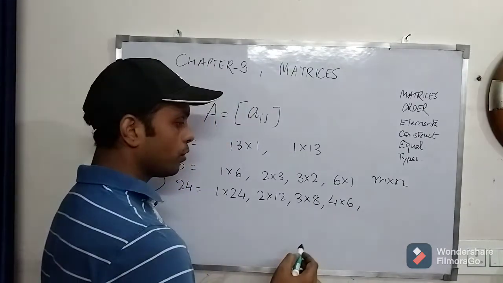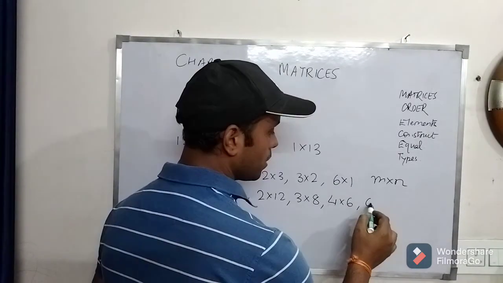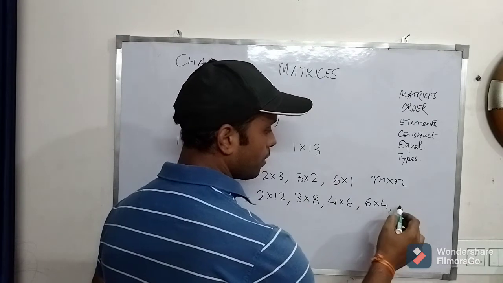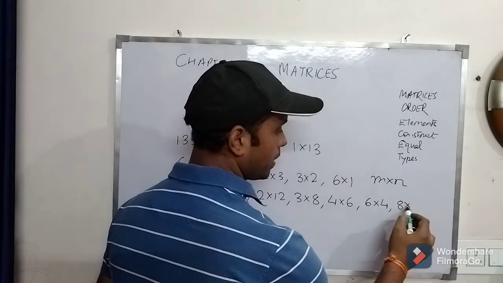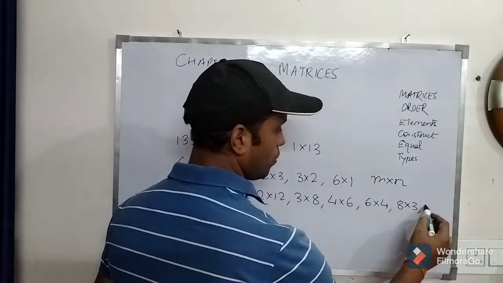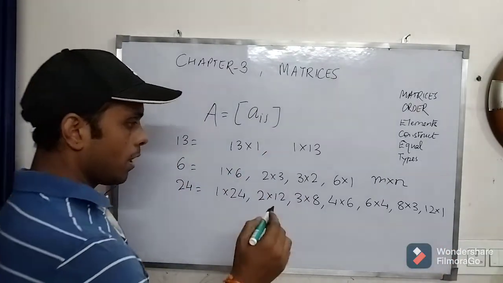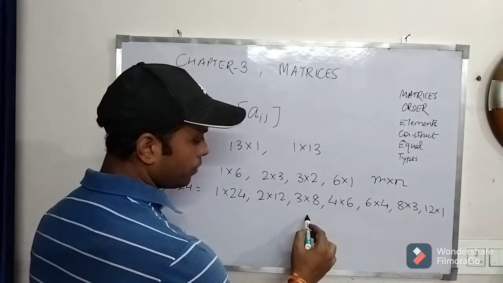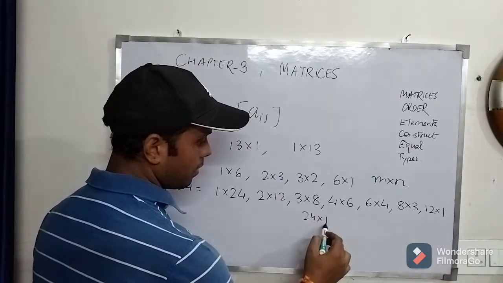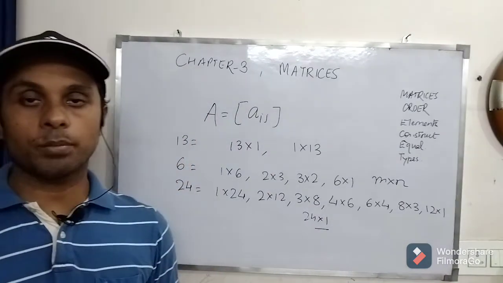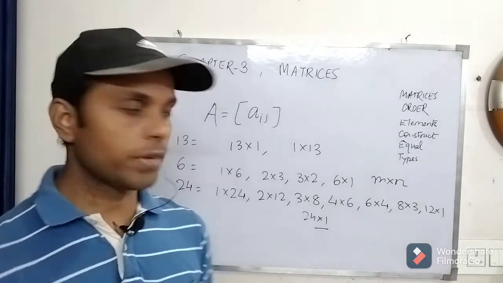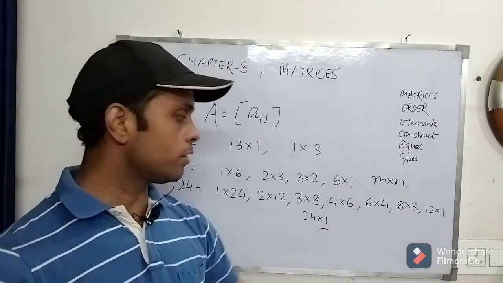There is no 24 in the table of 5. So 6 by 4, 8 by 3, 12 by 2, and after that 24 by 1. So these are all the possibilities. Okay friends, after 12 there is only 24.